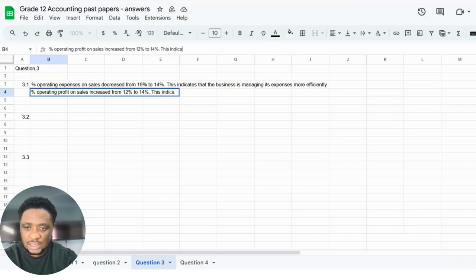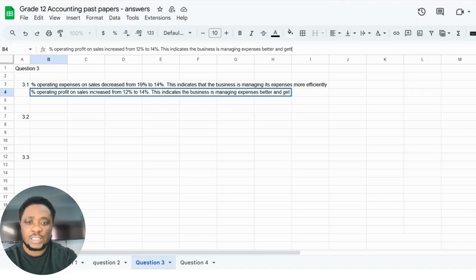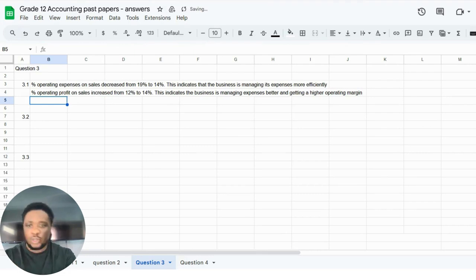This indicates the business is managing expenses better and getting a higher margin, a higher operating margin. That's literally all you have to say there.